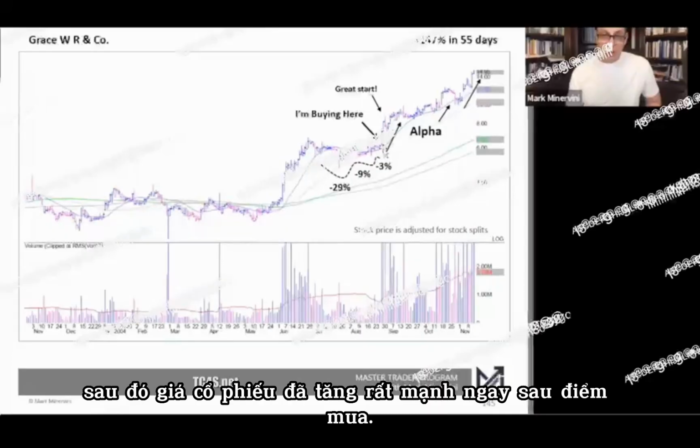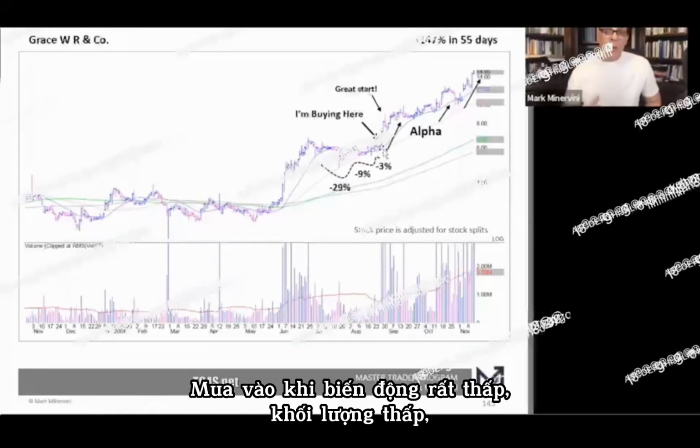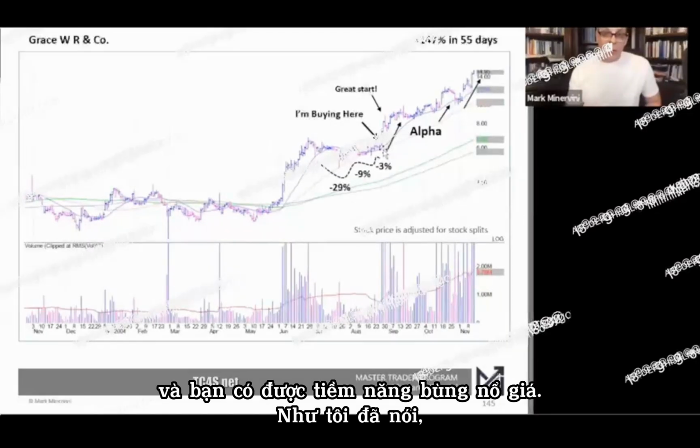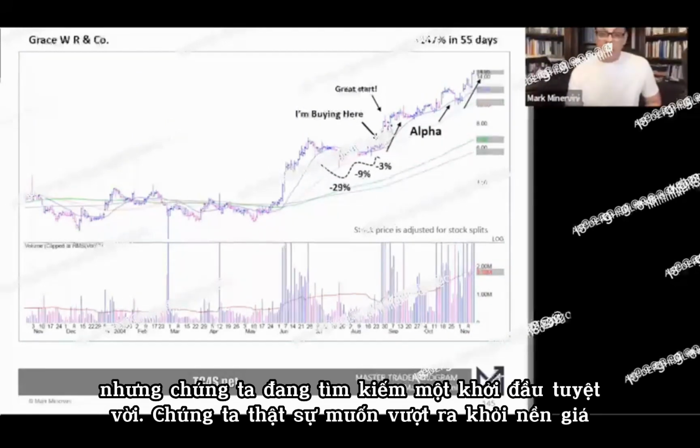You'll also see that you got off to a really nice start here. This is another benefit of the volatility contraction, coming in when there's very low volatility and low volume: you get that explosive potential. I'm going to explain exactly why that happens in just a minute. But we're looking for a great start.